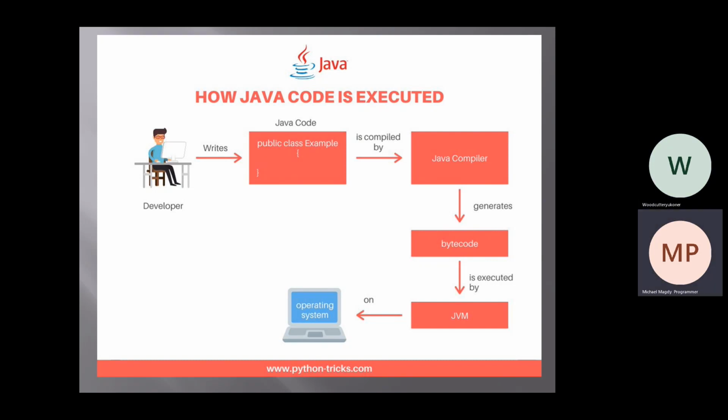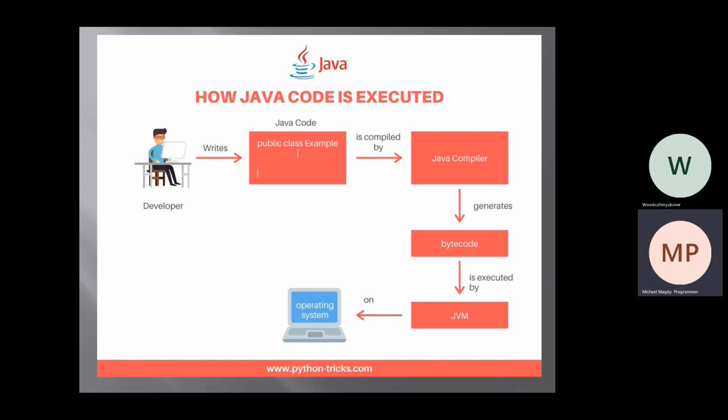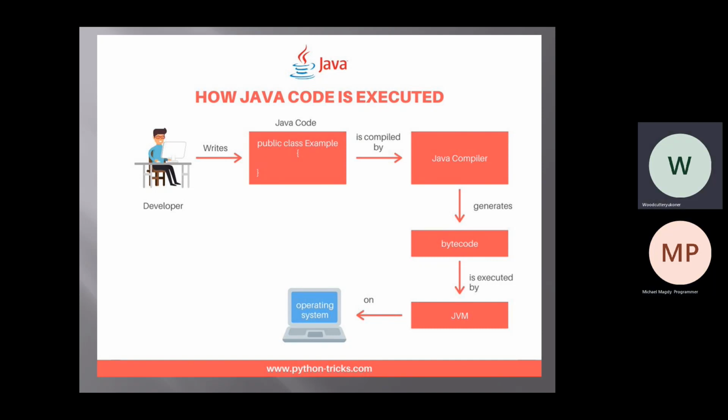Okay. Is it clear now? Yes, clear. So can you explain it again to me? Only one more time. Okay, you can write the code. It goes into the Java compiler to check for any errors and issues.